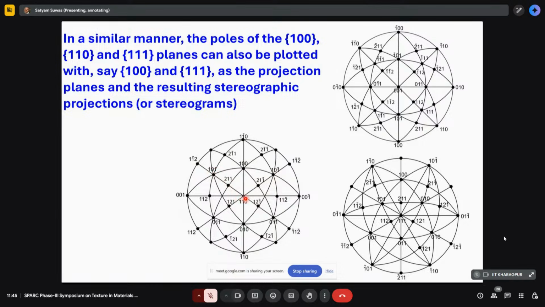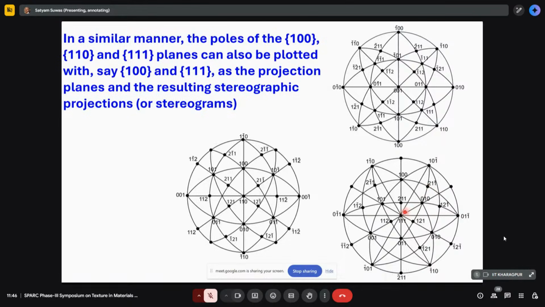So if you project the whole thing on the 110 plane or the 111 plane, these 3 are important planes in the diffraction of FCC metals and alloys. 110 comes as 220, and so these are the 3 important planes, and you will see that the relative disposition of these points indicates where these plane normals, or these planes, are located.